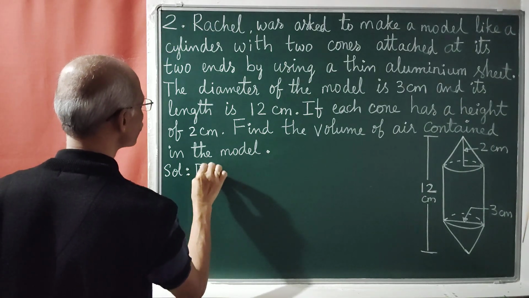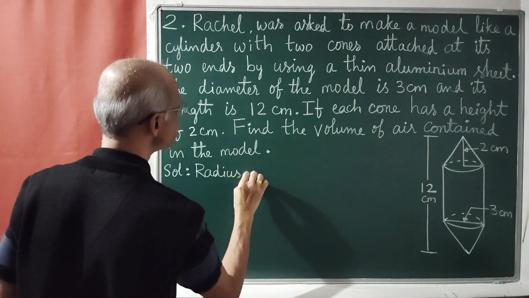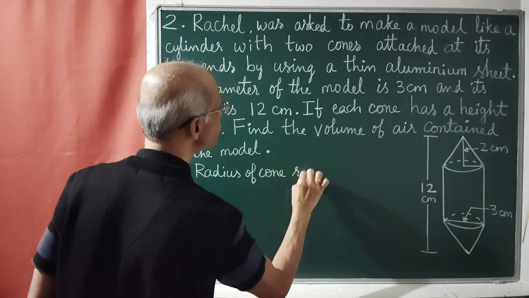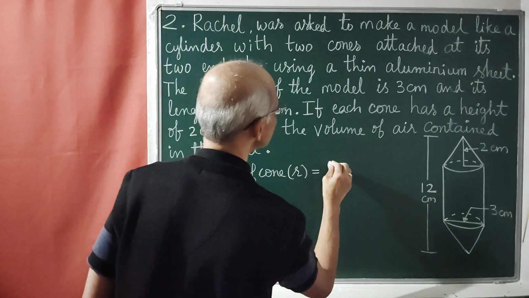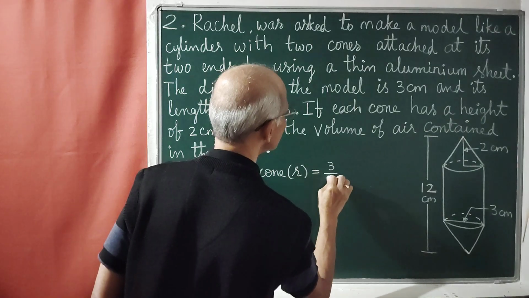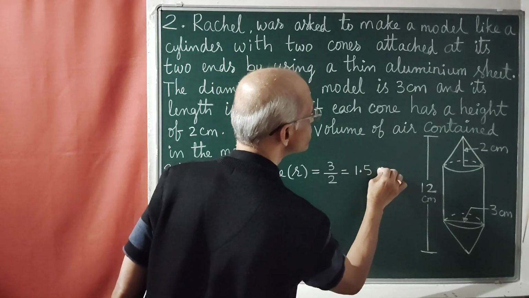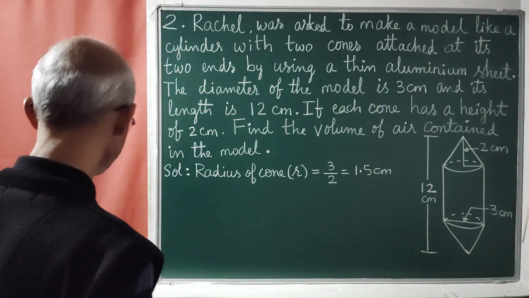The radius of cone, R, equal to 3 divided by 2, that is 1.5 centimeters. The cone's radius.